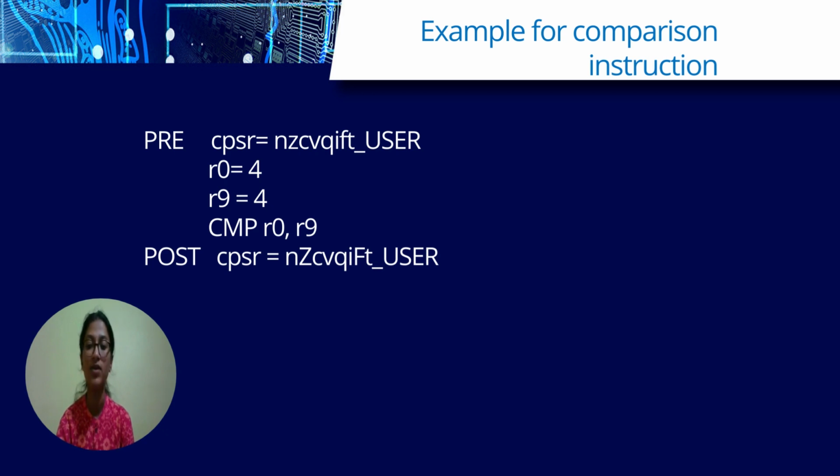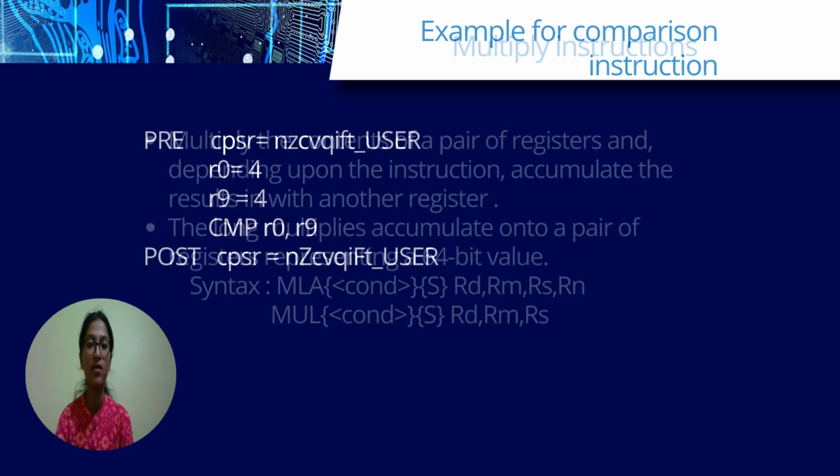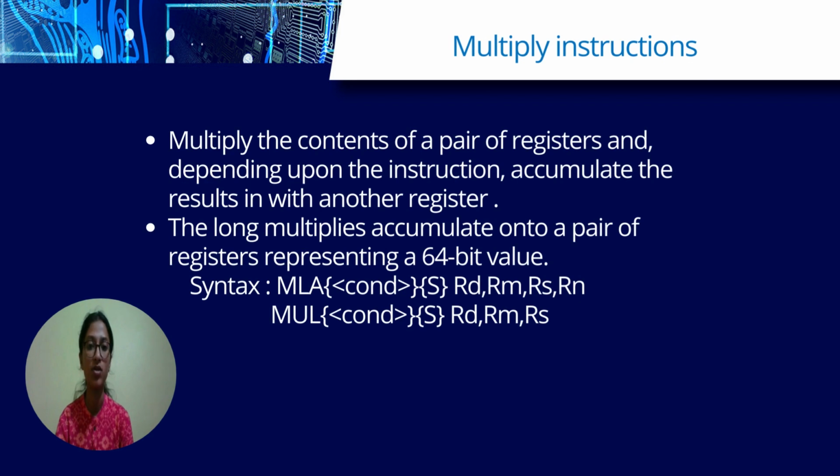The Z flag prior to the execution is 0 and it is represented by a lowercase letter z. After the execution, the Z flag changes to 1, represented by an uppercase letter Z. This indicates the equality.